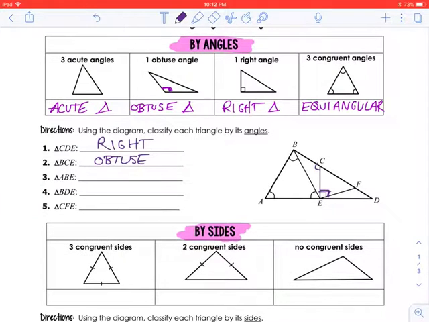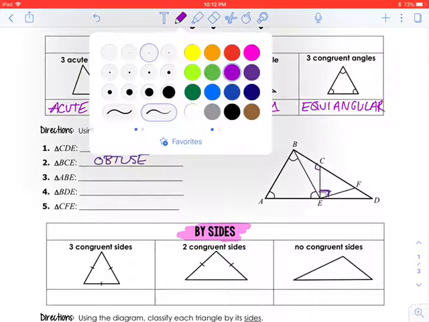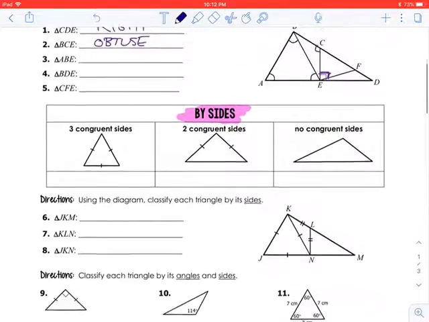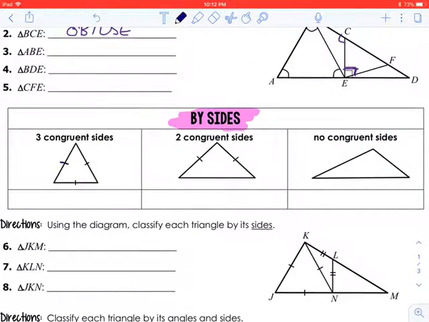Now if we base it on sides, these are some classification names that you might have heard before. If you have a triangle with 3 congruent sides like this, it's called equilateral. An equilateral triangle is actually always the same as an equiangular triangle. They go hand in hand.